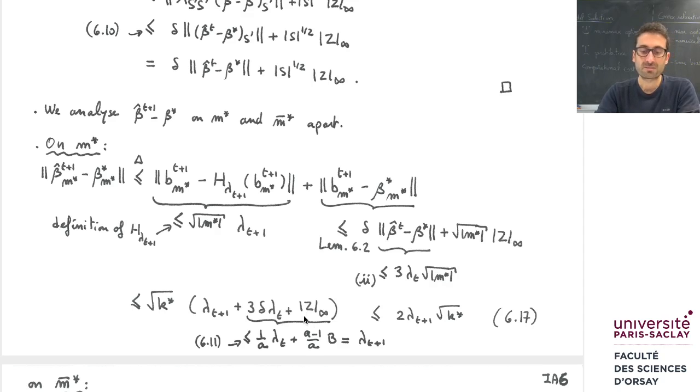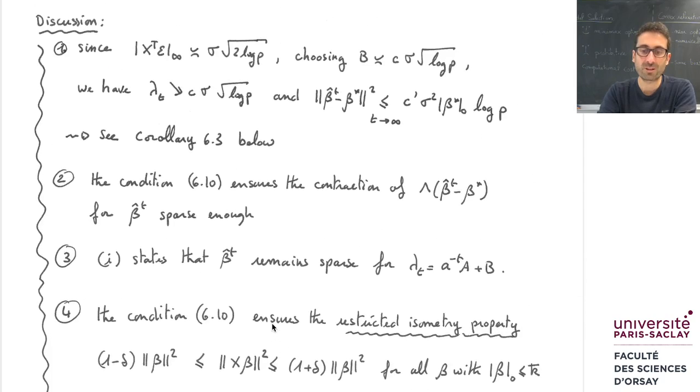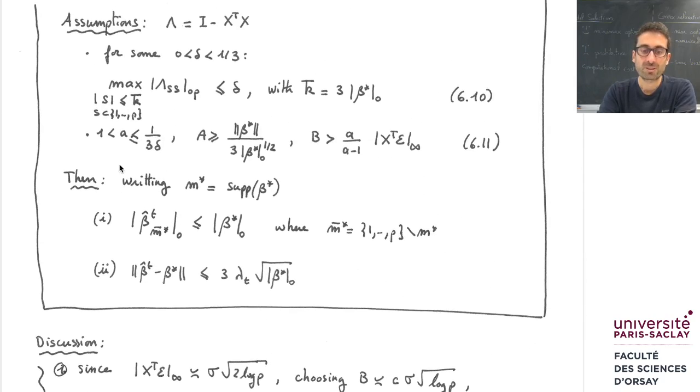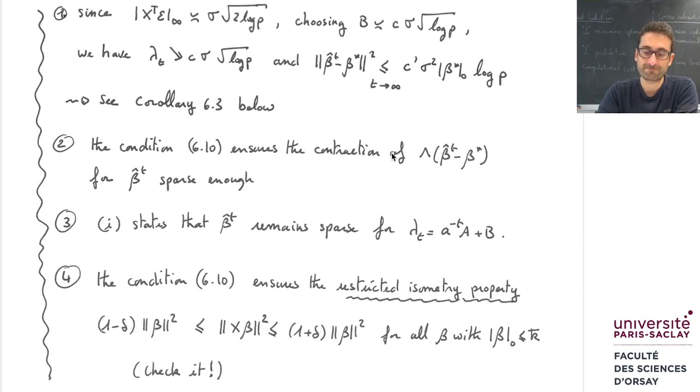And now we will use the hypothesis on the coefficients. First, there is the hypothesis on small a. Remember that small a is smaller than 1 over 3 delta. And we will use the hypothesis on capital B, which is larger than a over a minus 1 times the infinity norm of z.